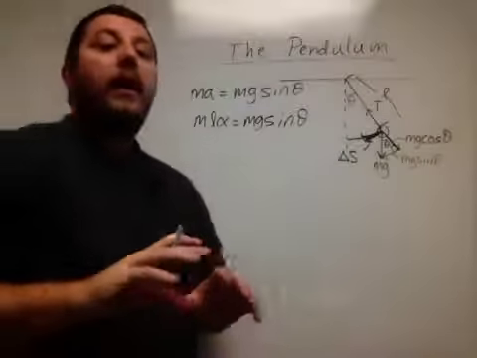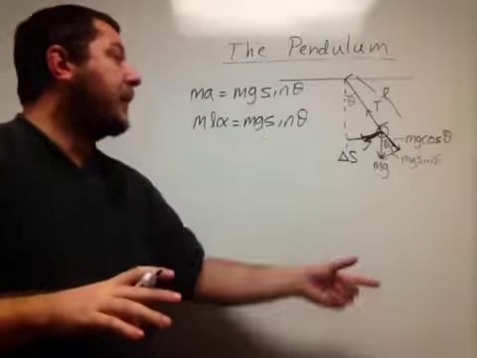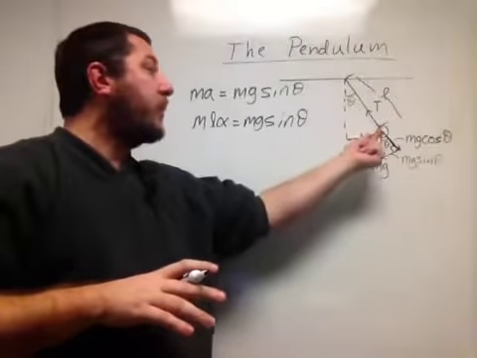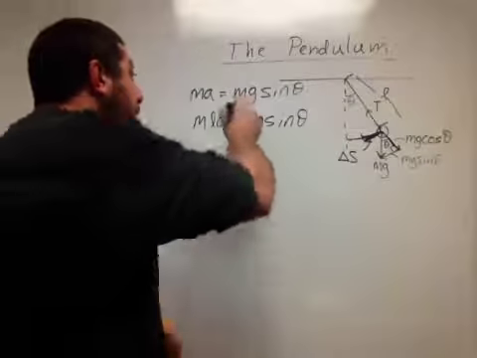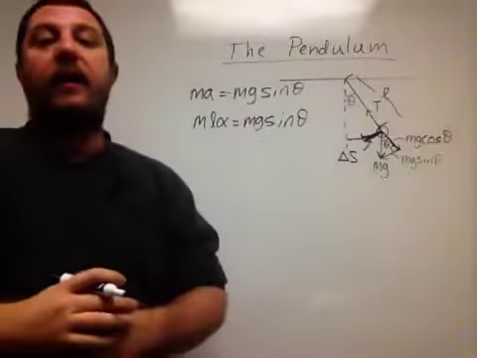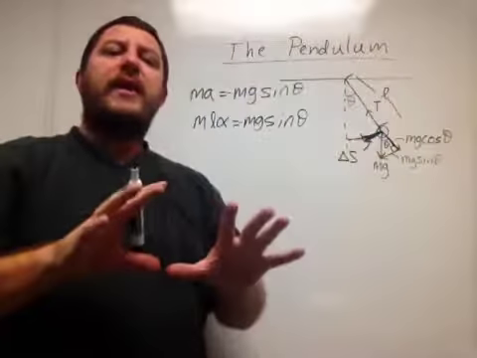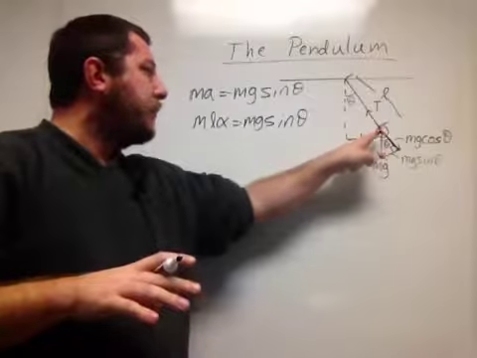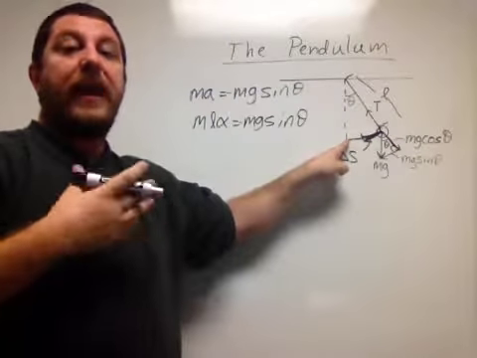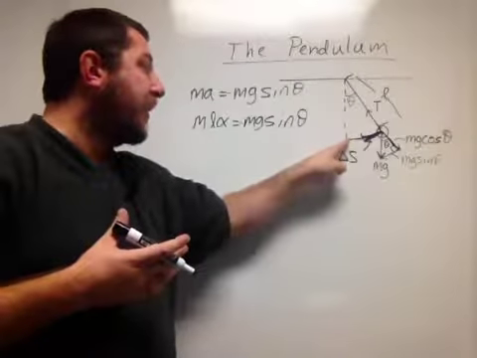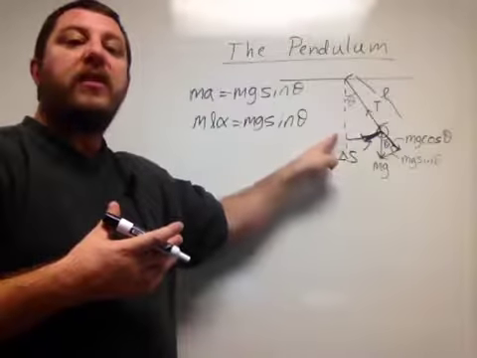All right? Now, there's one more thing that we have to do before we go any further, and that is to recognize that because the pendulum is always going to be swinging toward its equilibrium position, that means we have to insert the negative sign in here. Okay? So what that essentially means is as the pendulum moves toward the equilibrium position, once it gets here, it's going to have too much kinetic energy to stop, so it's going to keep moving, but it's going to start slowing down.